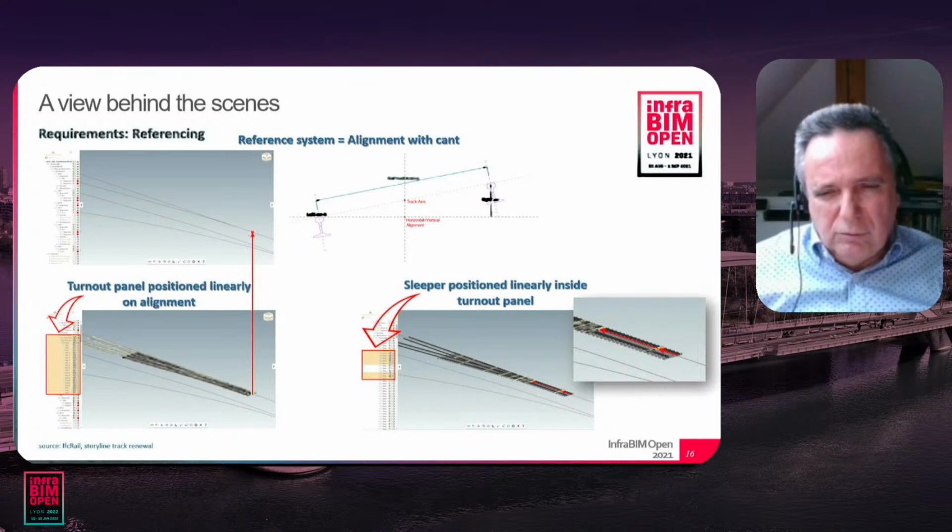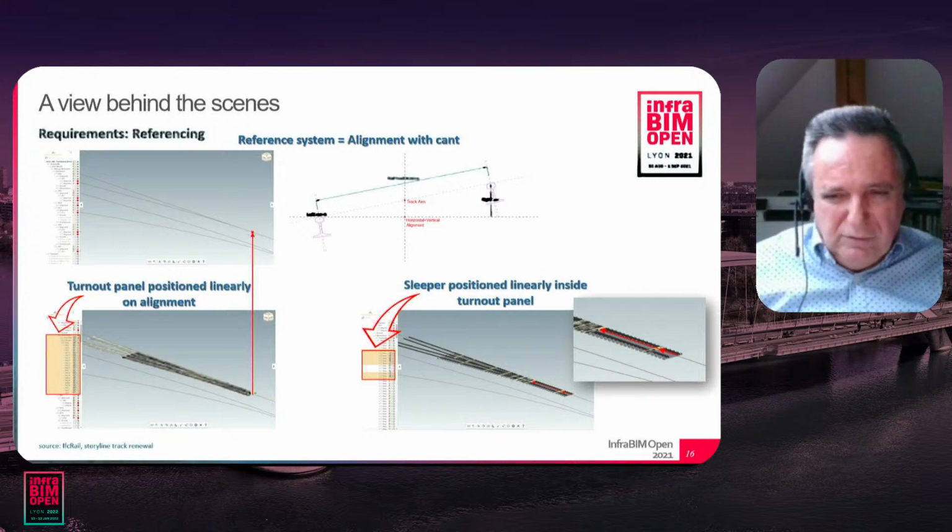For railway, we have our alignment with Kant, which is defined with three curves. We have a horizontal alignment, a vertical alignment, and a Kant alignment. And these three curves together are combined to give us the linear referencing system, on which we then can position the turnout panel. The panel is positioned linearly on the alignment.